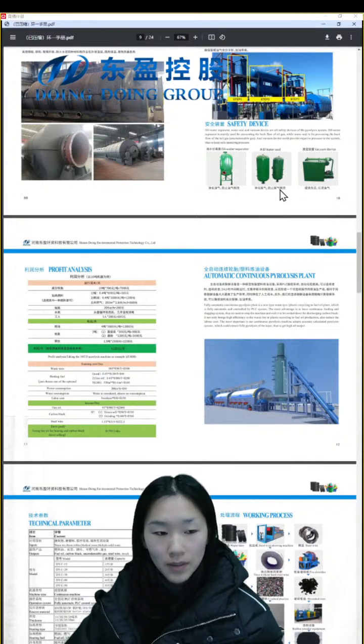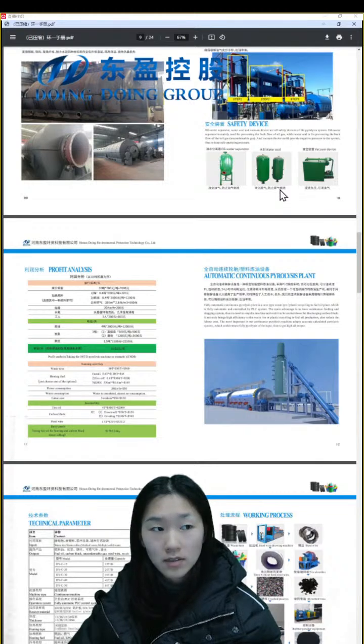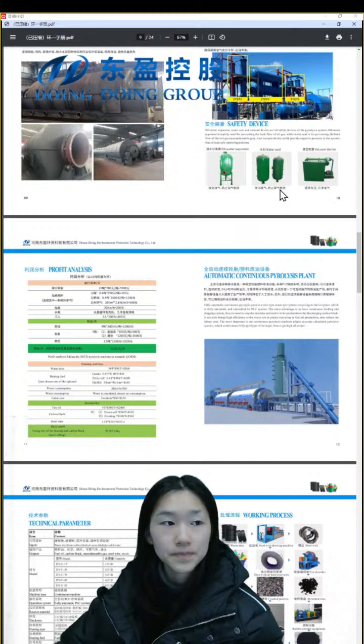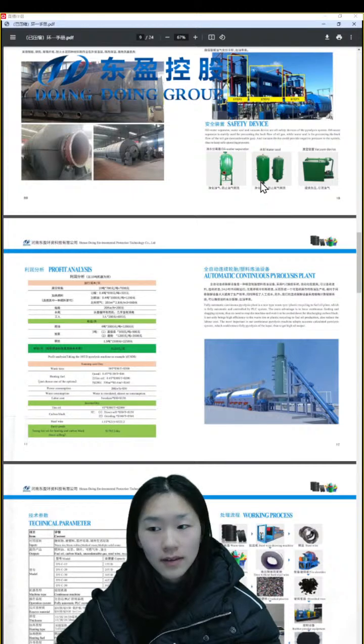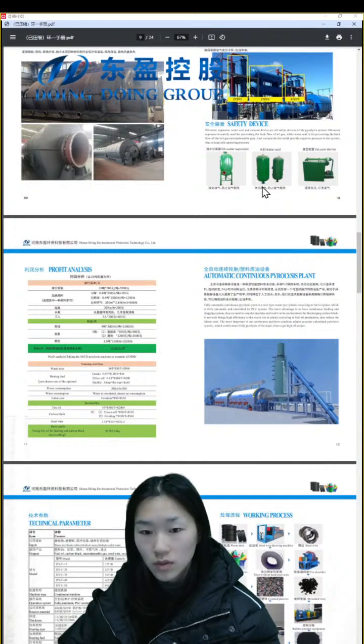And the important function is it can prevent the fire going back to our pyrolysis system. And another function, if you want to judge the oil yield, you can see the amount of oil in this water tank, in this water seal.